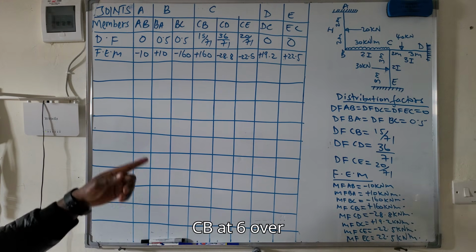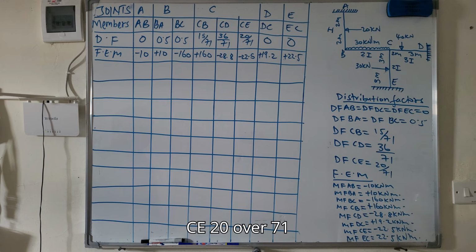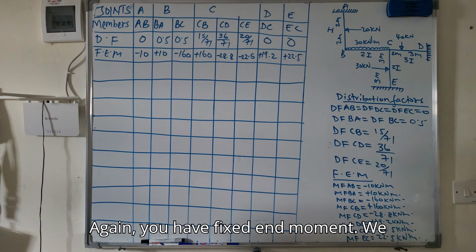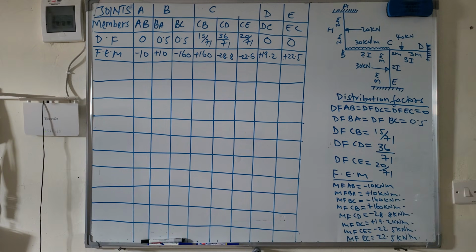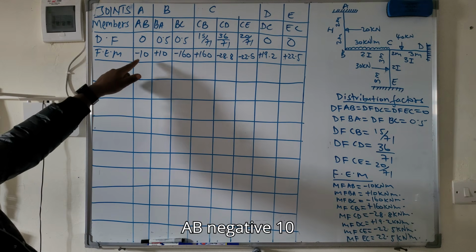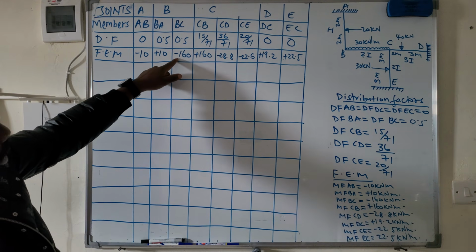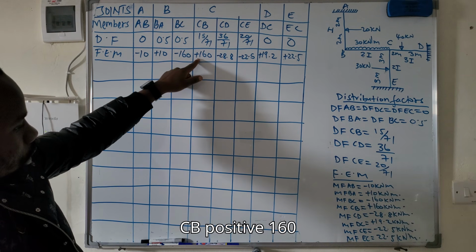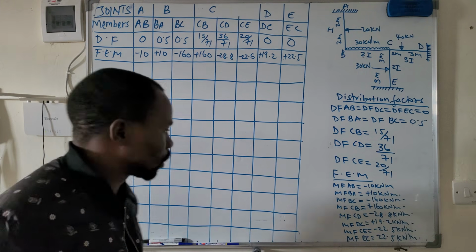CD, 36 over 71 is here. CE, 20 over 71. Again, we have the fixed end moments, which we already calculated. AB, negative 10. BA, positive 10. BC, negative 160. CB, positive 160. Like that, up to the last one.